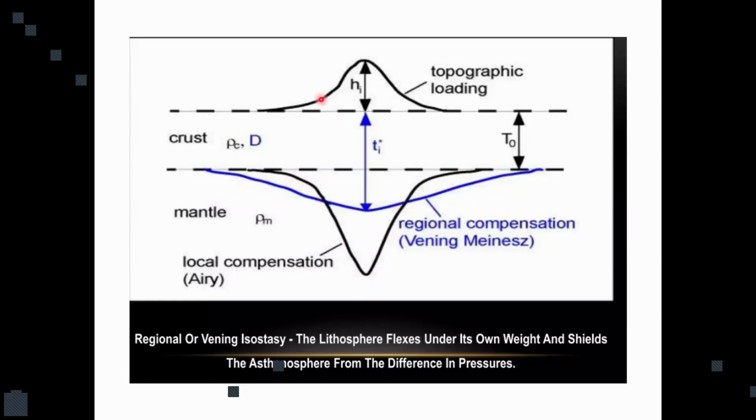The load is spread over an area. So in the case of the Vening Meinesz compensation model, the lithosphere flexes under its own weight, that is why we call it flexural, and shields the asthenosphere from the difference in pressures.